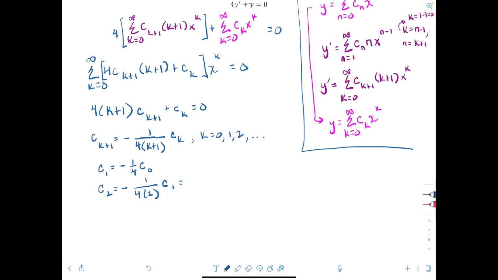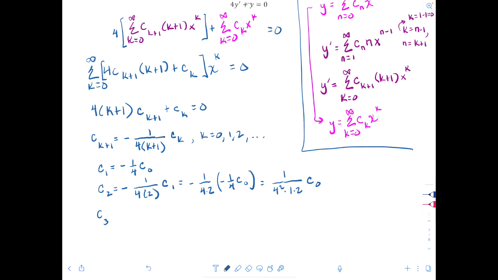Well, that'll be negative 1 over 4 times 2, c1 is negative 1/4 times c0. So that in turn will be positive 1 over 4 squared times, let's write it as 1 times 2 just for fun. I'm thinking that might end up being a factorial. And then we'll have times c sub 0.